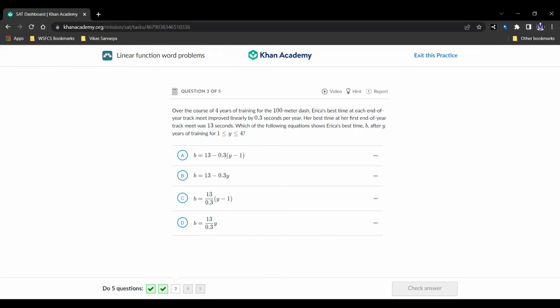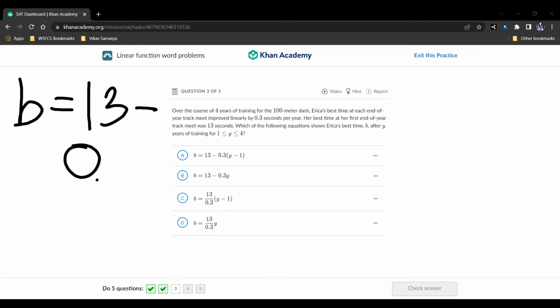All right, so let's see what we can do here. So her time is going to be 13 minus 0.3 seconds every year. Sure, let's try it.